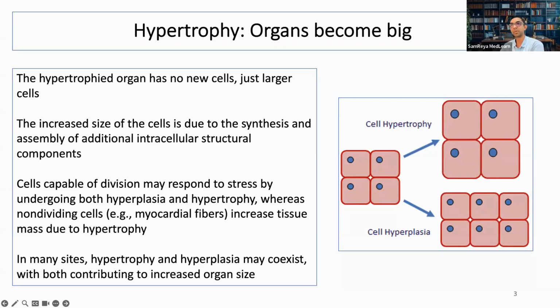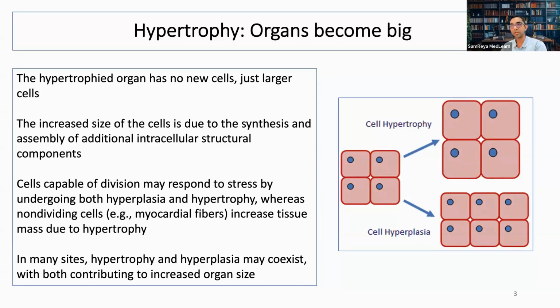So hyperplasia and hypertrophy can occur both together in the cells that can divide, whereas there are certain tissues which we categorize as non-dividing cells, for example, myocardial fibers. They increase tissue mass because of hypertrophy. So if the cell can divide, it will undergo hyperplasia.